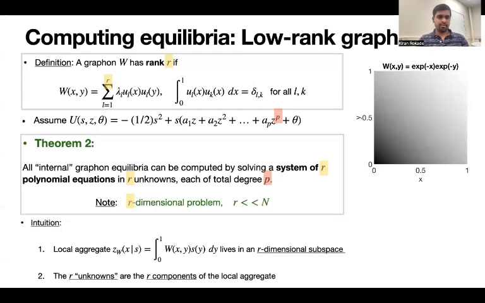So with these assumptions, our second result says that the equilibria of a Graphon game can be computed by solving a system of polynomial equations which has R unknowns, and each equation has a total degree P. So this is an R-dimensional problem, and R is generally very small compared to the number of players in a network game.